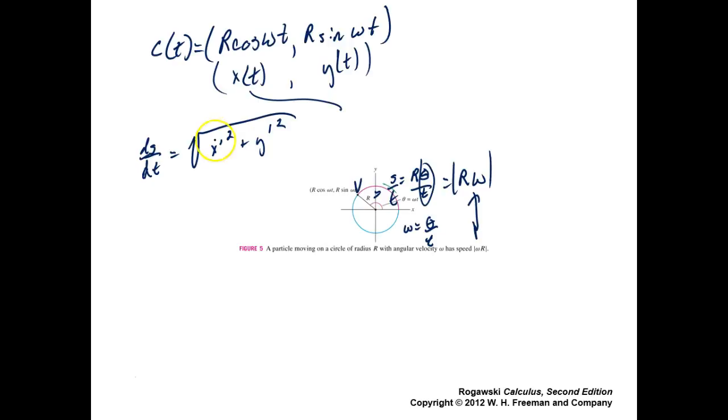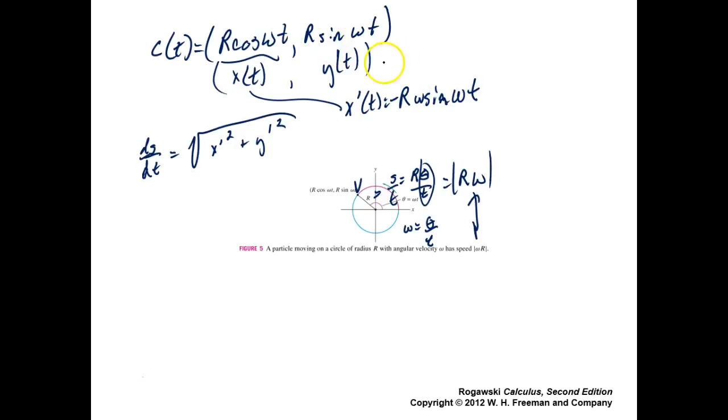Yeah, x prime. X prime of t would then be equal to r times minus sine omega t, with one little thing, chain rule, another omega out there, right?